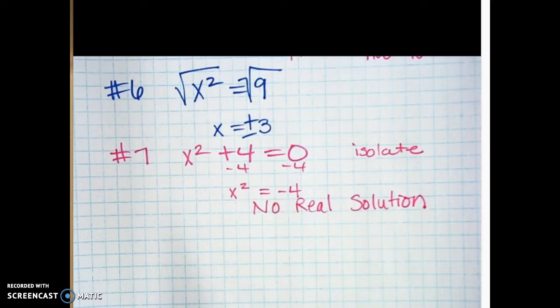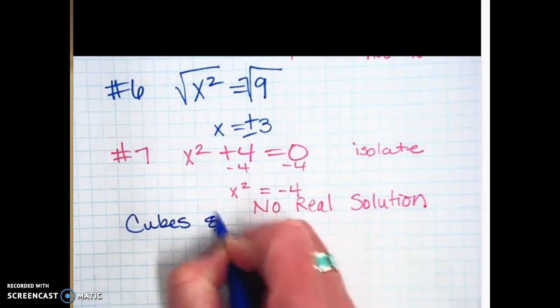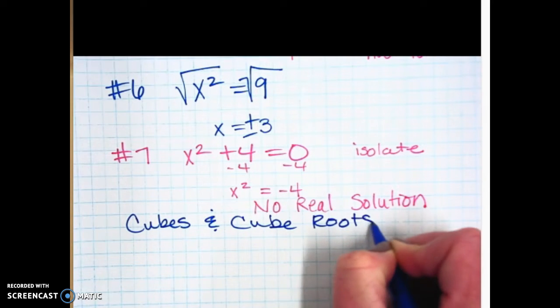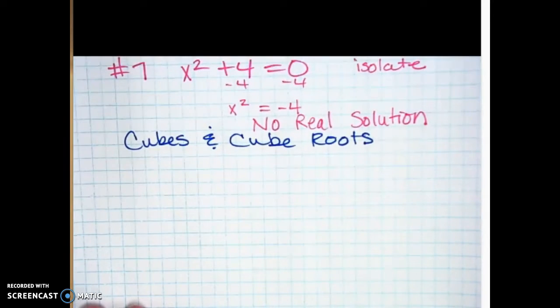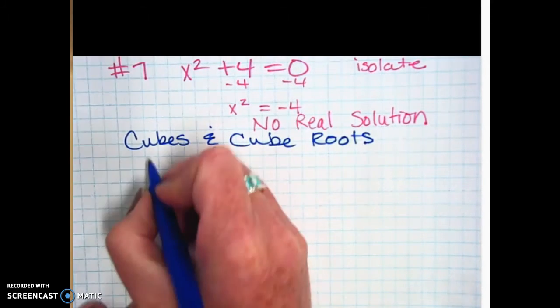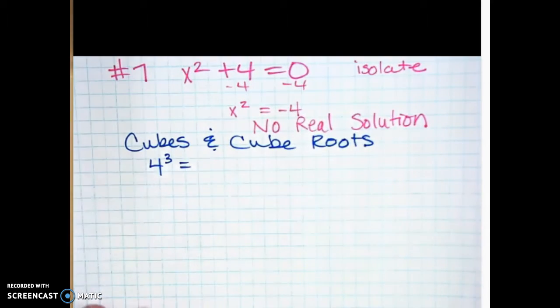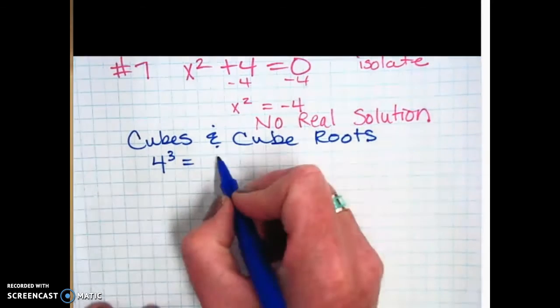All right. Now let's talk about cubes and cube roots. So if we have 4 to the 3rd power, that's a cube. You can say 4 to the 3rd power, or you can say 4 cubed, means the same thing.